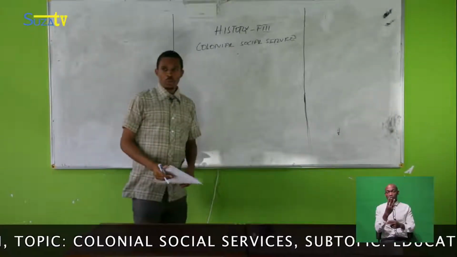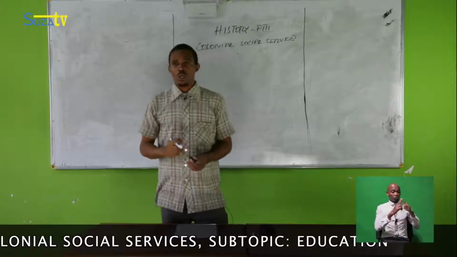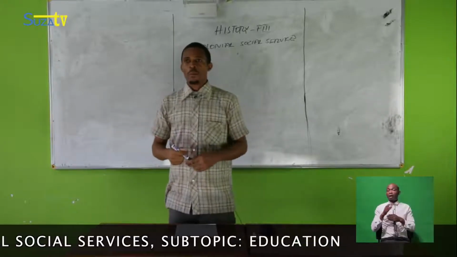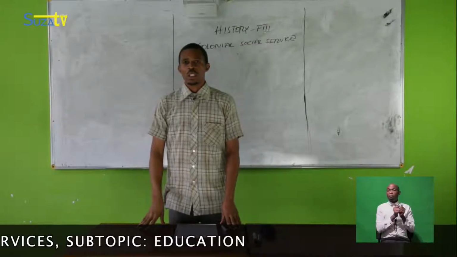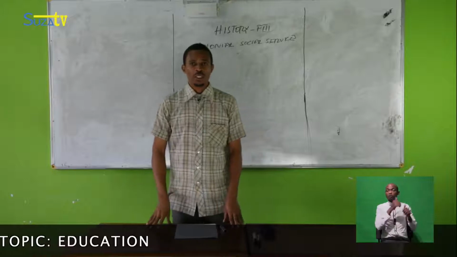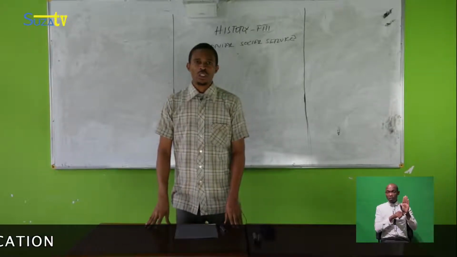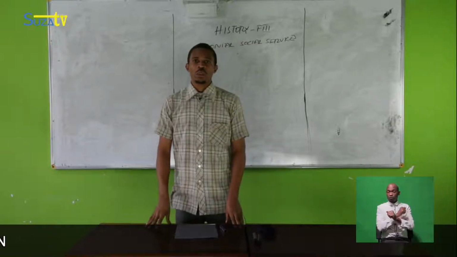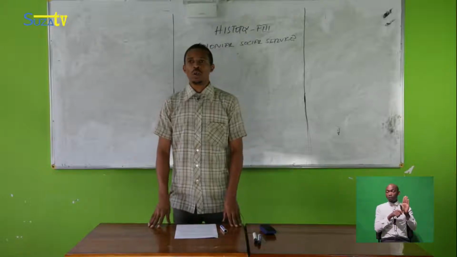In this topic, we are going to discuss three major social services introduced in Africa by the colonialists. The first social service introduced by colonialists in Africa was colonial education.